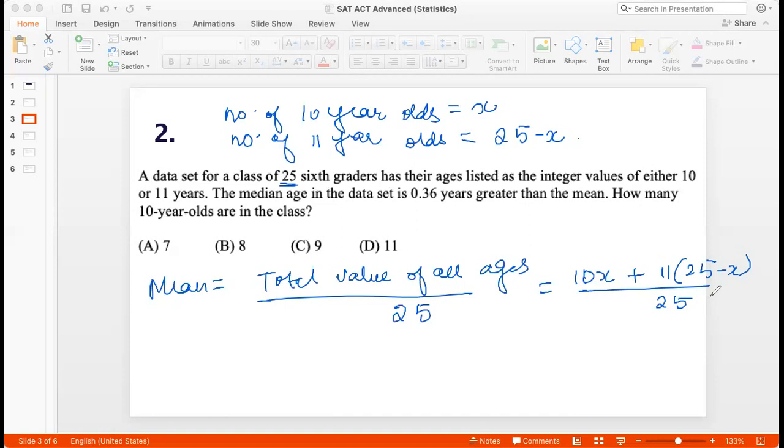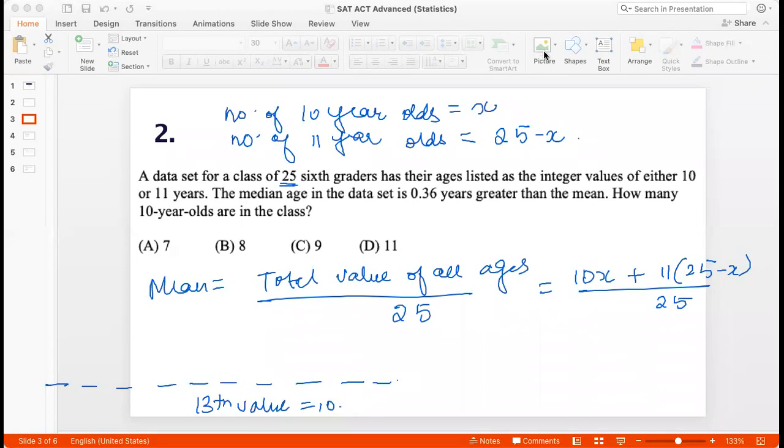And the median age in the data set. How do we find the median age? Now you know that if there are 25 values, and there are a bunch of 10s and 11s, we don't know which are 10s and which are 11s, then the 13th value will be the median, right? Because 25 is an odd number, so the median will be 25 plus 1 by 2, the 13th value.